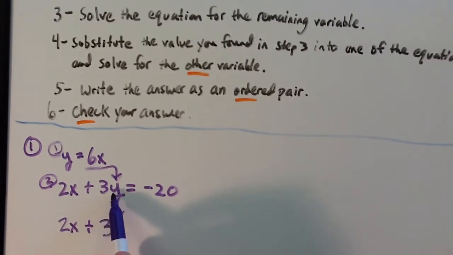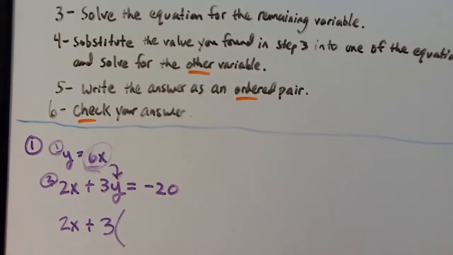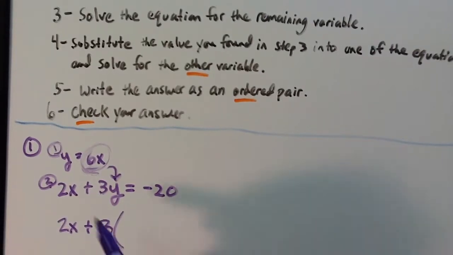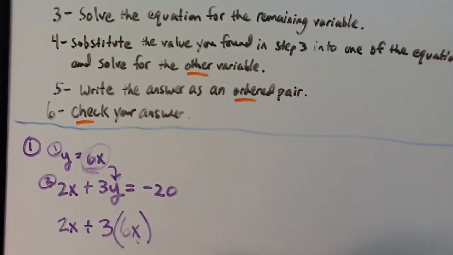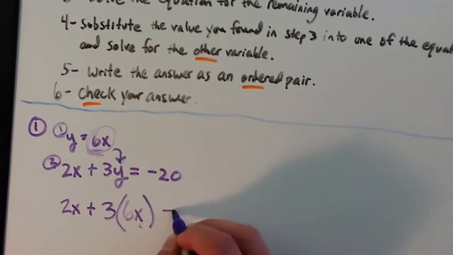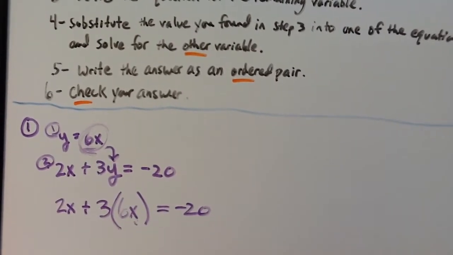I have 3y, 3 times y. And what is y? Y is 6x. And so I'm plugging 6x in for y right here. 3 times what y is, 6x. I still have equal negative 20. So I've plugged in 6x for y.